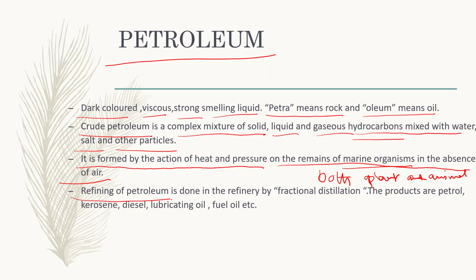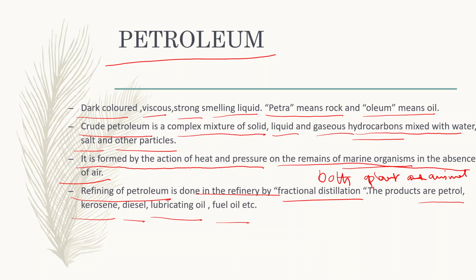Refining of petroleum is done in the refinery by a process called fractional distillation. The products of fractional distillation are petrol, kerosene, diesel, lubricating oils, fuels, etc. In the fractional distillation column, there are different trays, and the crude petroleum is heated to a temperature of 400 degrees Celsius.